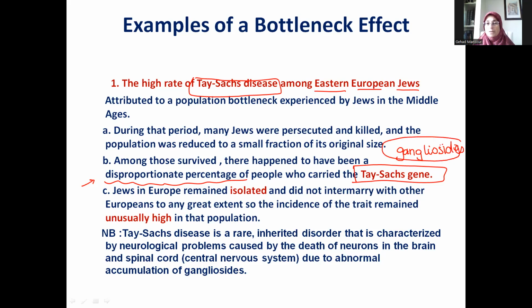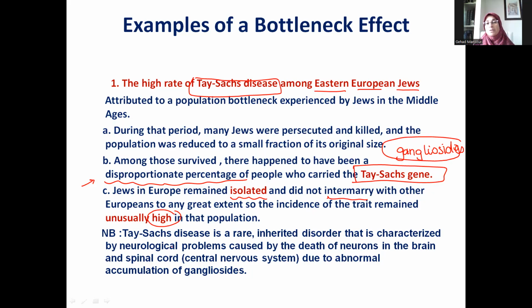When they accumulate in the brain, they affect the function of the brain in the newborns and may result in mental disability. The problem is that Jews in Europe, because of all that happened, remained isolated, did not intermarry with other people, so they did not outbreed. They interbred, and therefore Tay-Sachs disease remained high in the population.